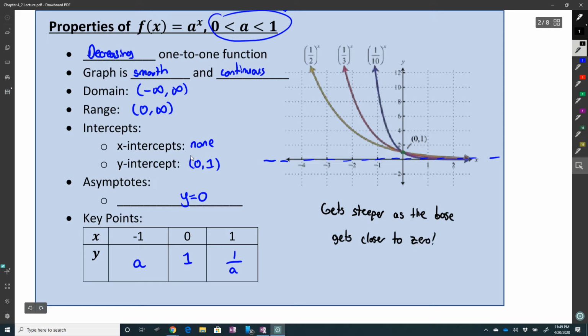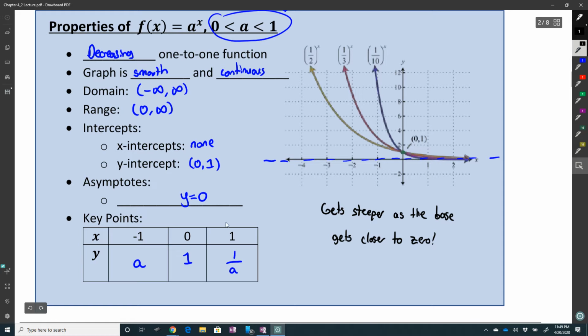Notice that 1/3 is smaller than 1/2, so it's steeper. 1/10 is smaller than 1/3, so it's steeper. 1/100th would be even steeper. 1 over 1,000th would be even steeper. So the closer and closer it gets to 0, the steeper it's going to get.